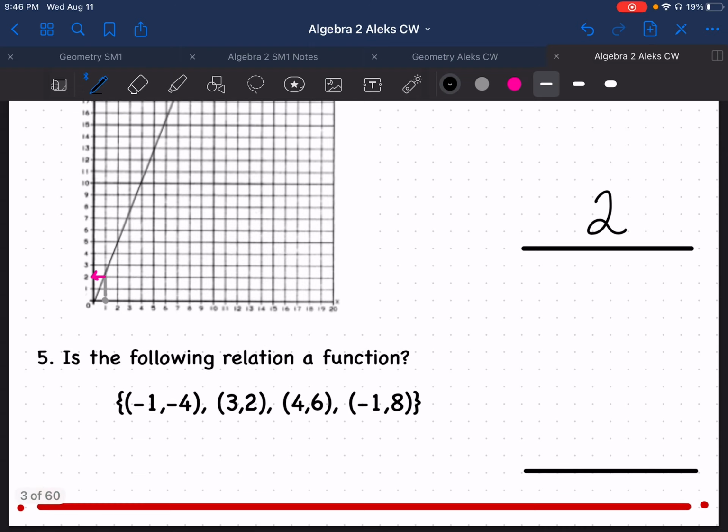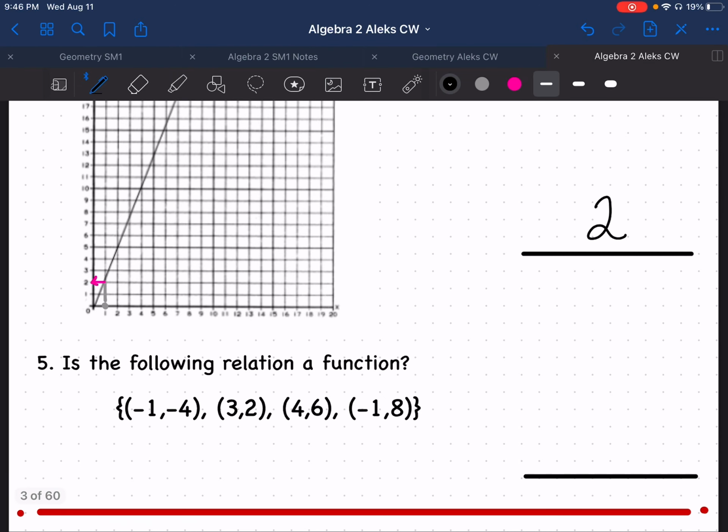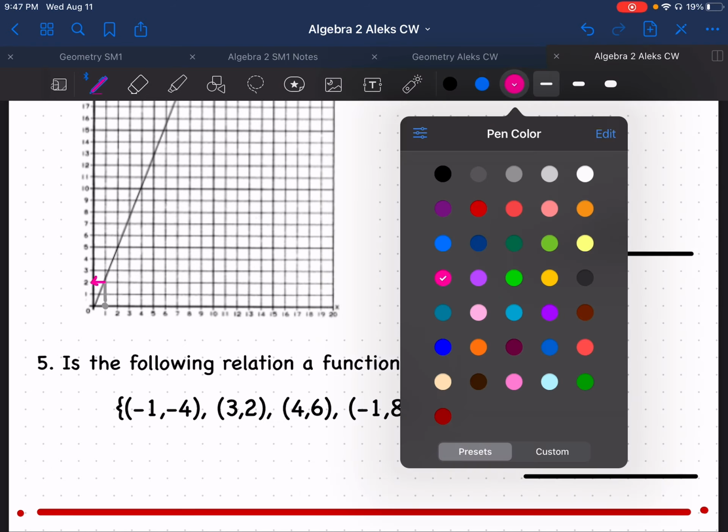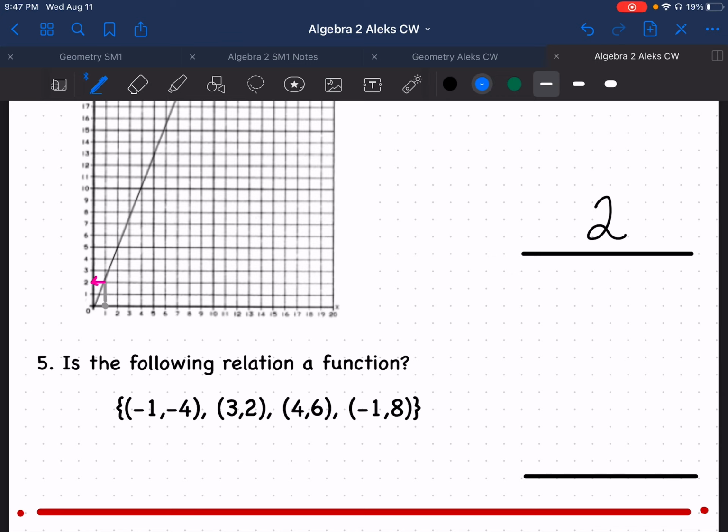All right, and the last question on your quiz today is going to ask you if the following relation is a function. Now remember, your relation will be a set of ordered pairs. It might have more than what I have here, but remember every ordered pair has an x value.